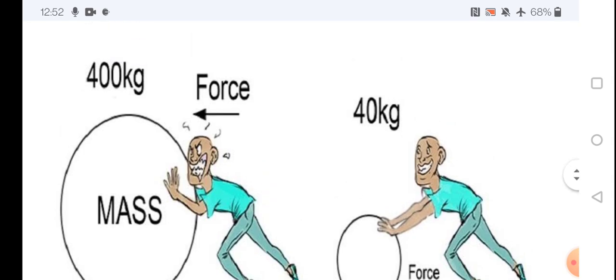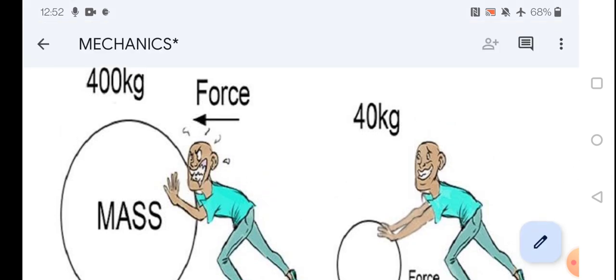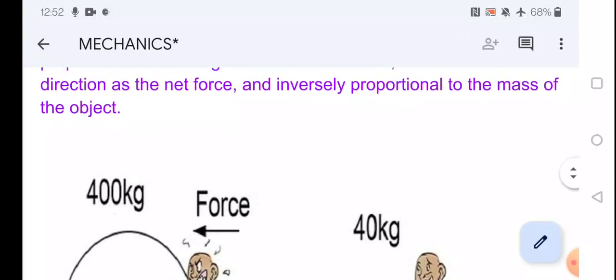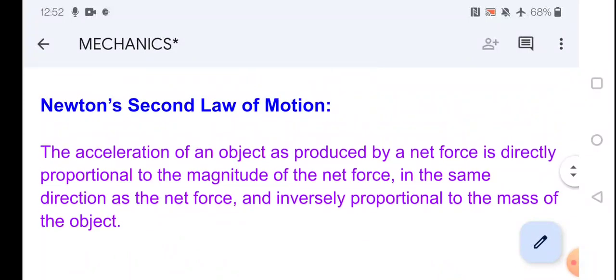This picture shows the second law of Newton, that is, the acceleration of an object as produced by a net force is directly proportional to the magnitude of the net force in the same direction as the net force, and inversely proportional to the mass of the object.